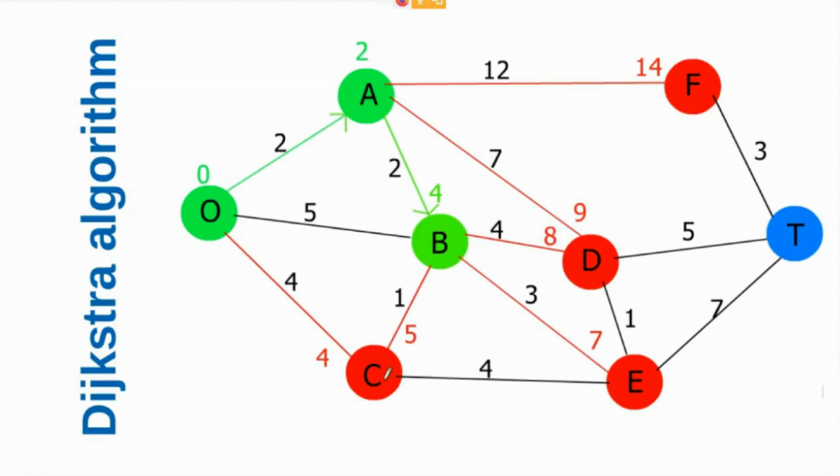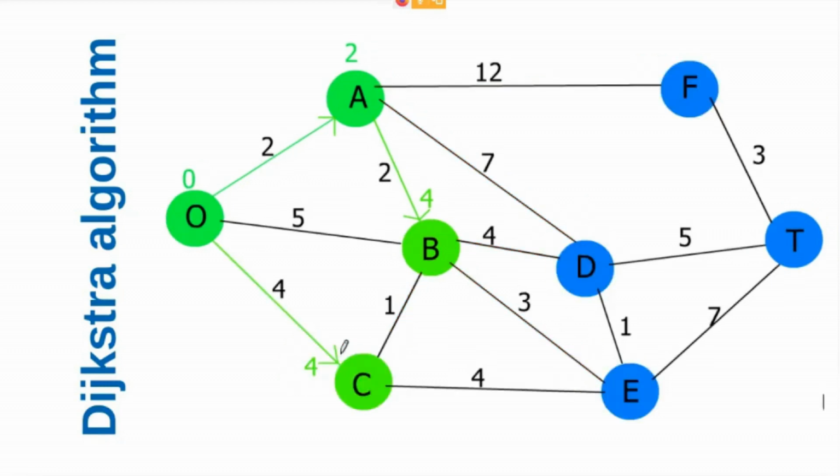But C, now again, because it's also a neighbor of B, we have here a 5. So if we compare 4, 5, 7, 8, 9, and 14, we can see that 4 is the minimum value. That's why here we visit this C, right?